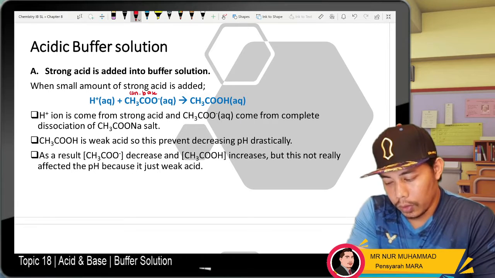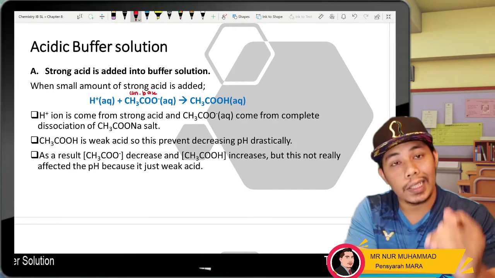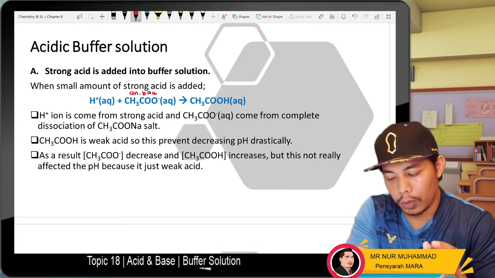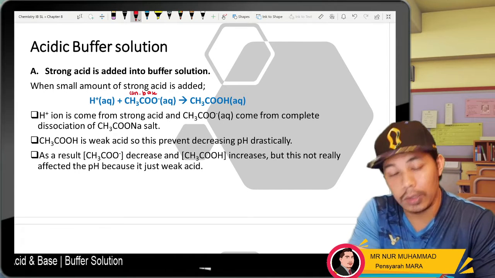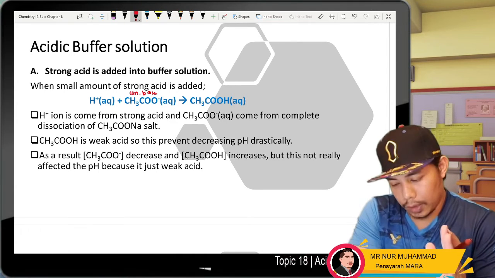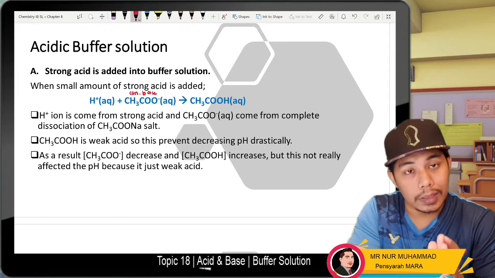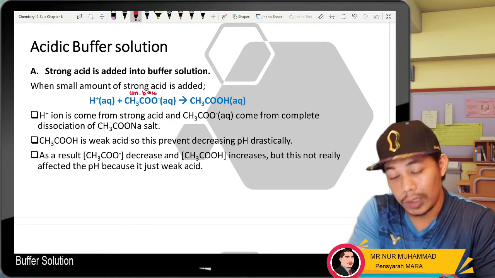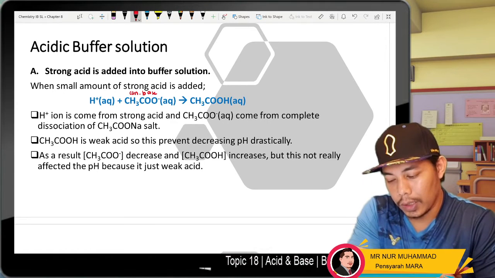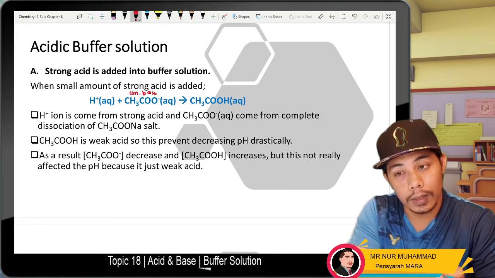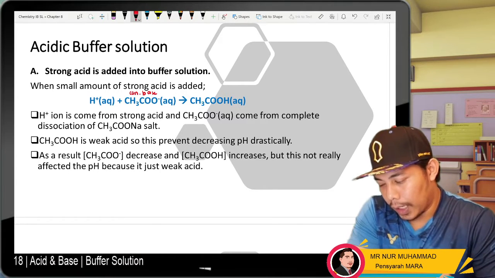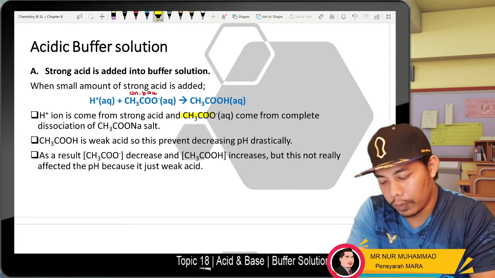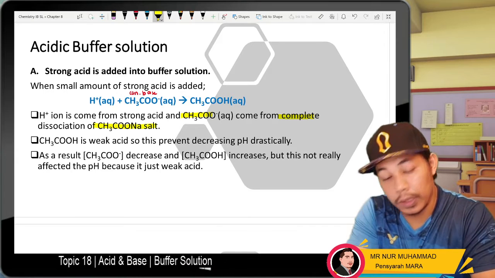Hydrogen ion can reduce the pH value, but when the product changes from hydrogen ion to ethanoic acid, the change of pH is not drastic. It still reduces, but it reduces slowly. The hydrogen ion comes from the strong acid, and the ethanoate comes from the complete dissociation of sodium ethanoate.